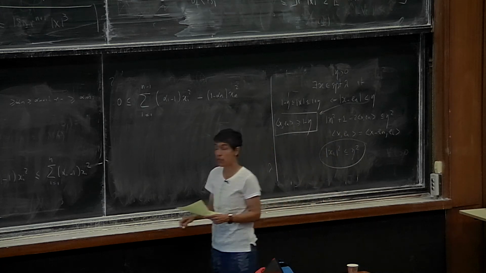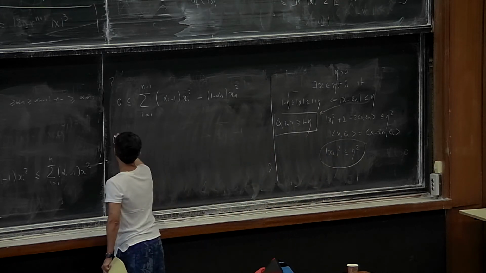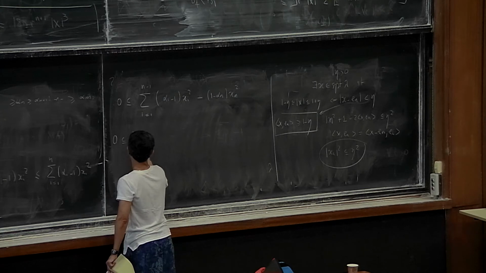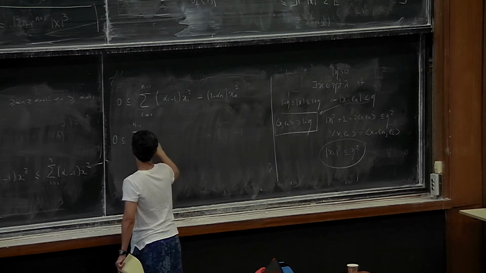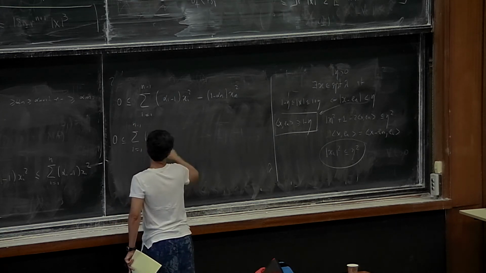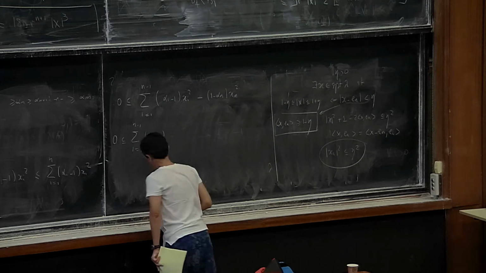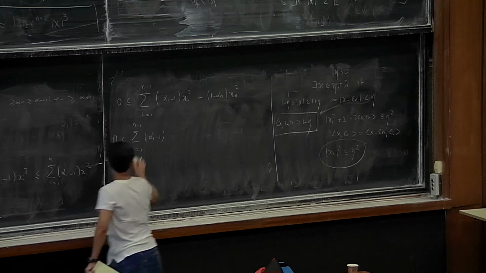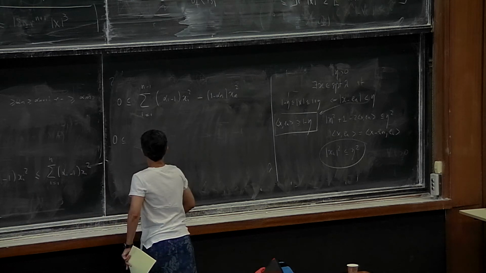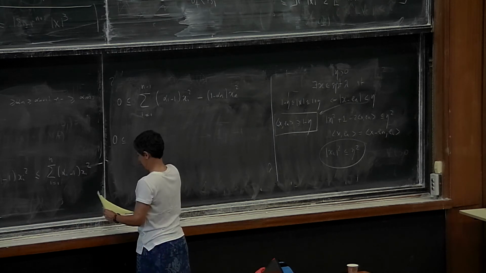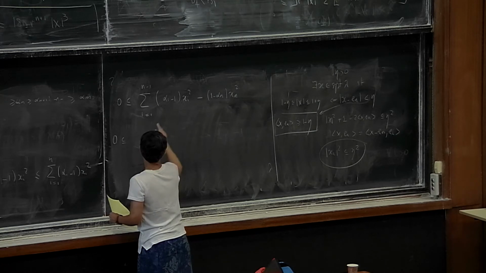Let's plug in that here. This tells you that 0 is less than the sum from I equals 1 up to n minus 1 of alpha I minus 1 times xi squared, which happens to be less than eta squared. I'm going to remove these, so this gives me each one of these.